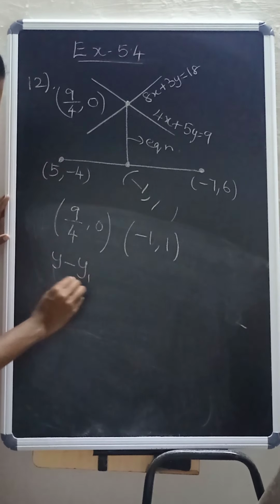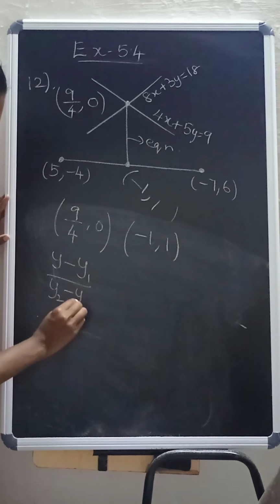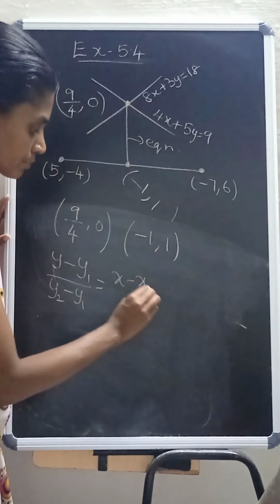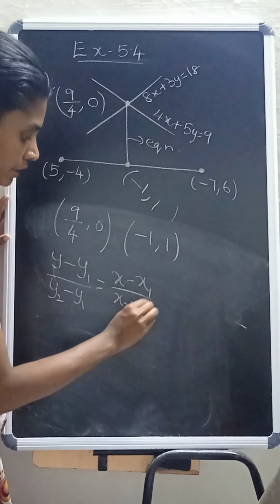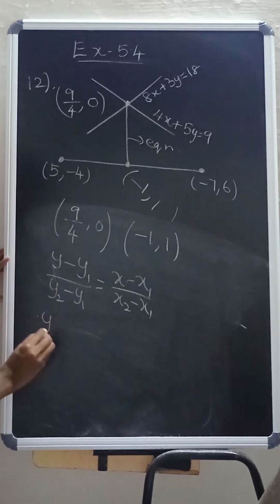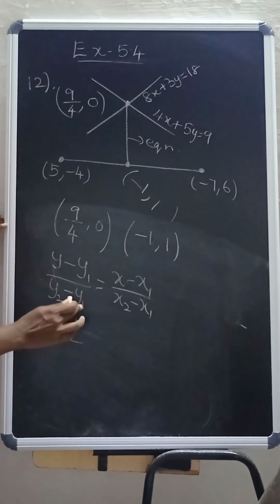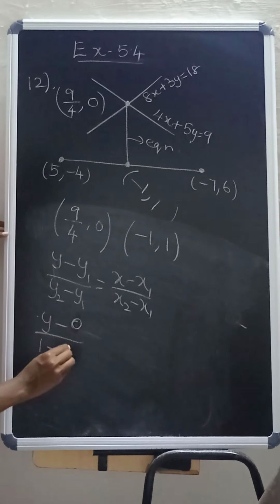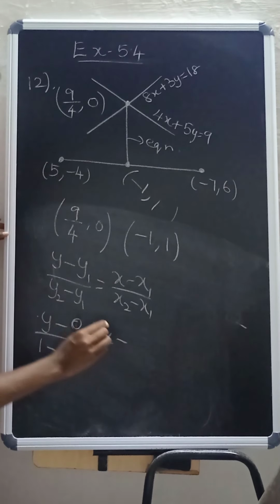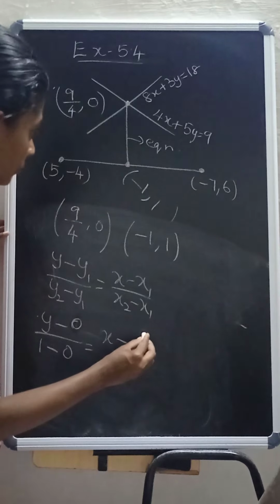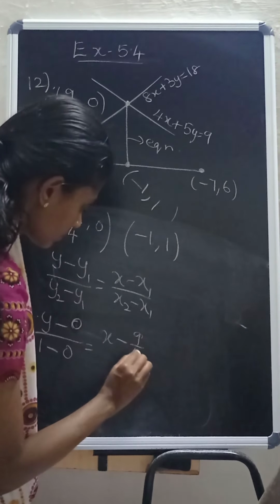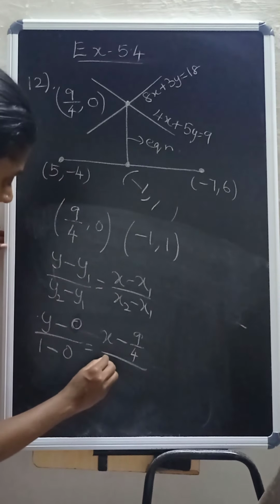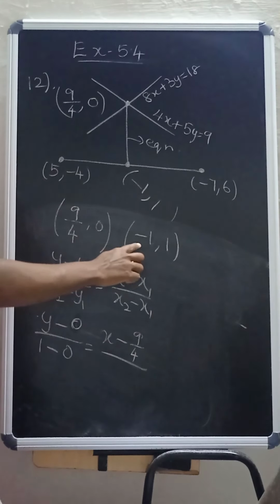So 2-point form, y minus y1 divided by y2 minus y1 is equal to x minus x1 divided by x2 minus x1. Substitute the values. Y minus 1 divided by y2 minus y1 is equal to x minus x1 divided by x2 minus x1. x2 is minus 1.